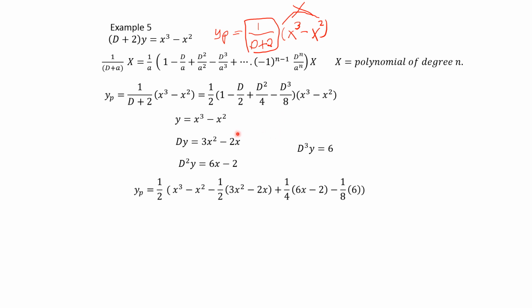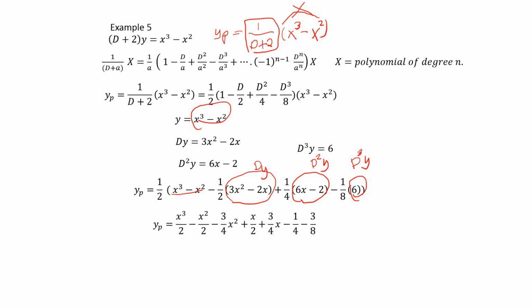Then substituting, yp is 1/2, and we plug in x³ − x² here, and the 3x² − 2x is your Dy, the 6x − 2 is your D²y, and your 6 is your D³y.